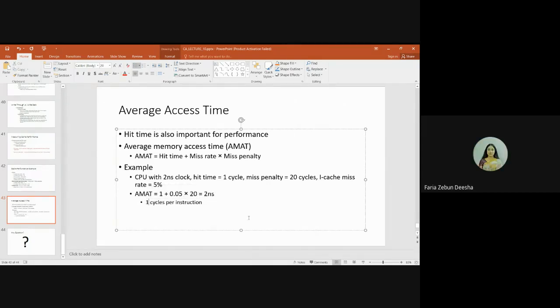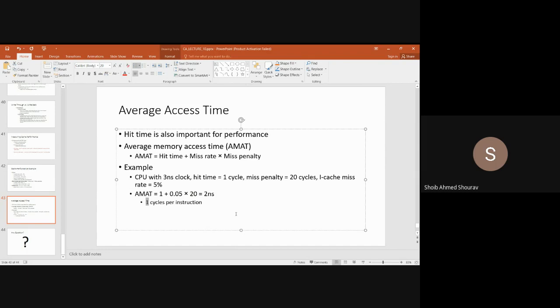Sir, what if it were 3 nanoseconds? For example, it is 3 nanoseconds. Then how are we going to find this value? We are going to divide 2 by 3. That would be the cycle per instruction. But remember, here you are never going to find a fraction, because cycles per instruction cannot be a fraction, right?